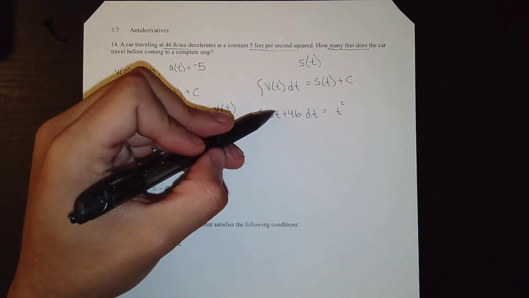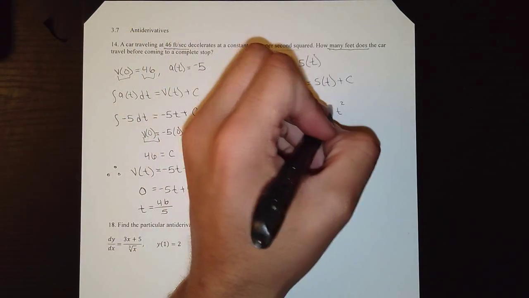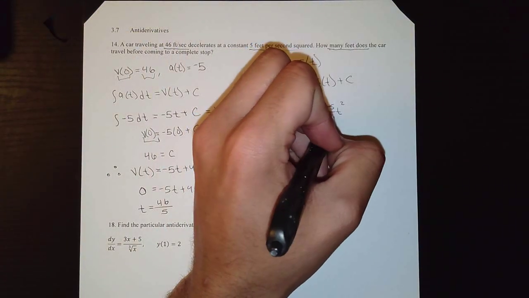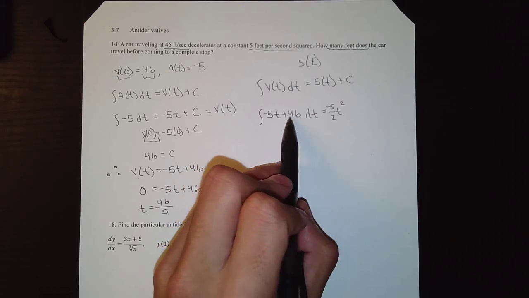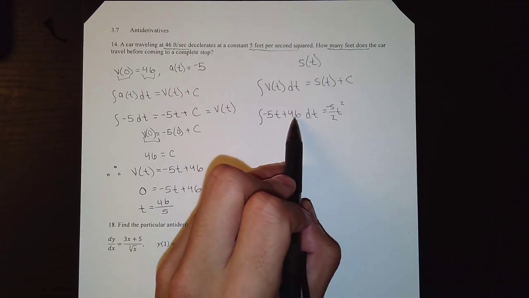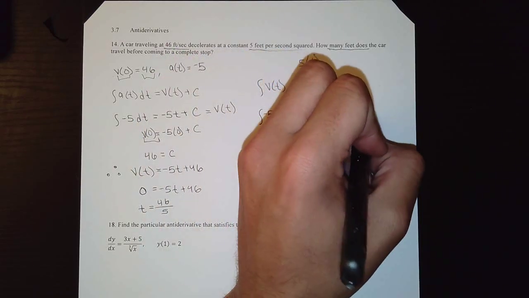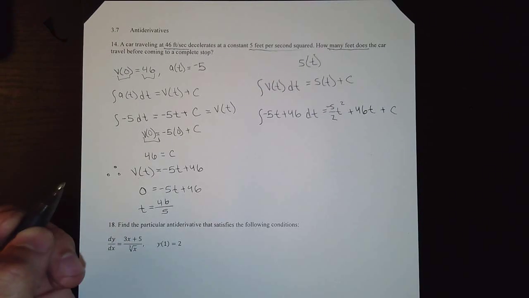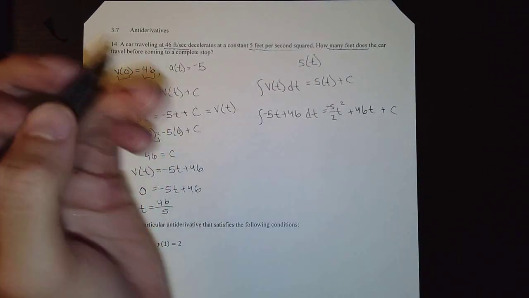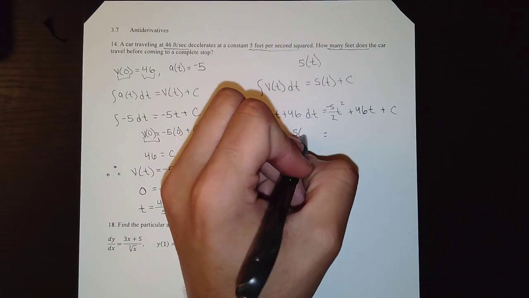And now I have to divide by that power right here. So this would become a negative 5 halves. So we have negative 5 halves t squared. And a constant just adds on a variable of t. So this would be plus 46t. And we have another arbitrary constant. And this is our position function.